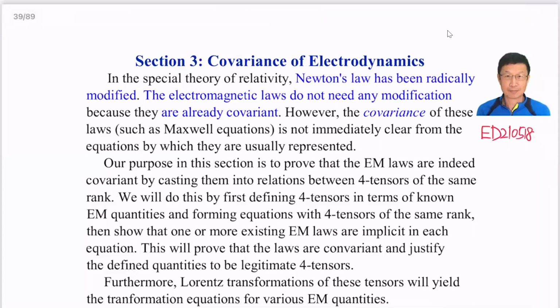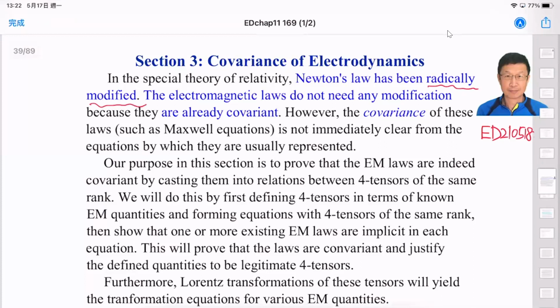In the special theory of relativity, Newton's law has been radically modified. For example, Newton's law tells us that F equals ma. However, we know it's incorrect in special relativity. How about F equals gamma ma? That's still incorrect.